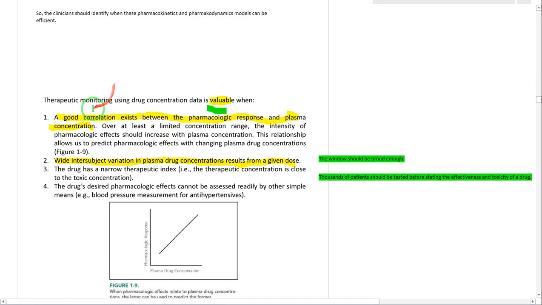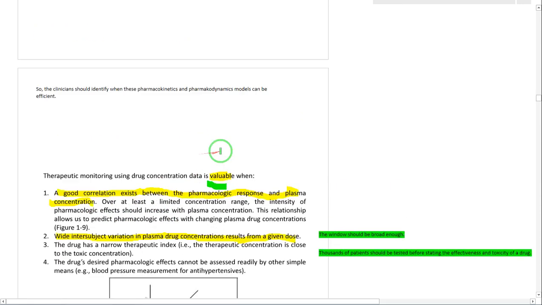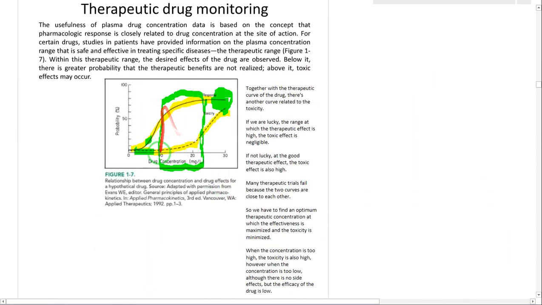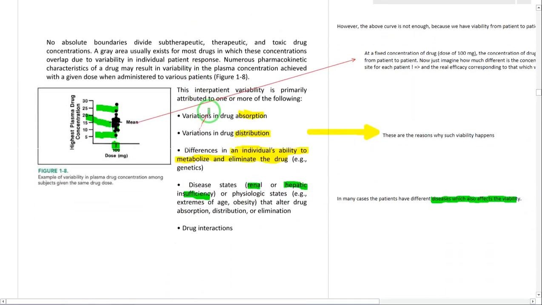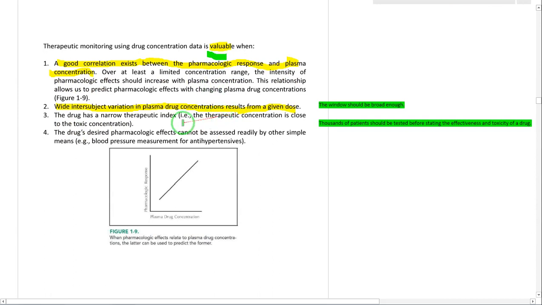Well, in the first place, there should be a good correlation between the amount of drug concentration and the response and the effectiveness that we get. On the other hand, there should be a wide therapeutic window, the one that I showed you just here. This therapeutic window has to be as wide as possible.